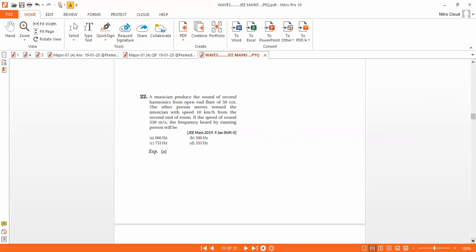A musician produced the sound of second harmonic from an open-end flute of 50 centimeter. Okay, 50 centimeter, that is open-end. The other person moves towards the musician with a speed of 10 kilometer per hour.